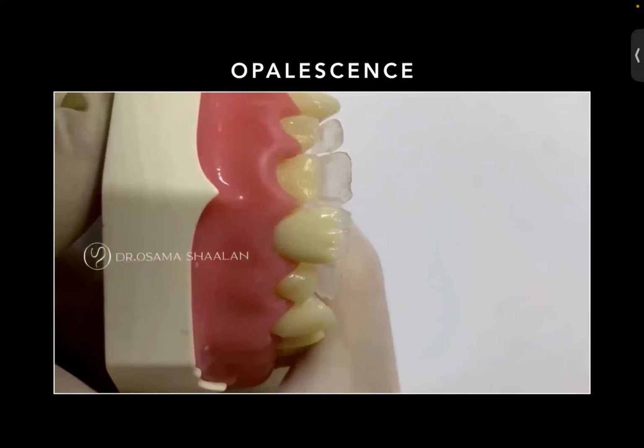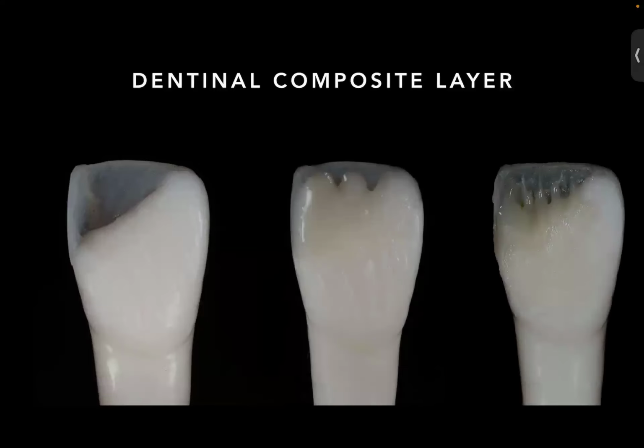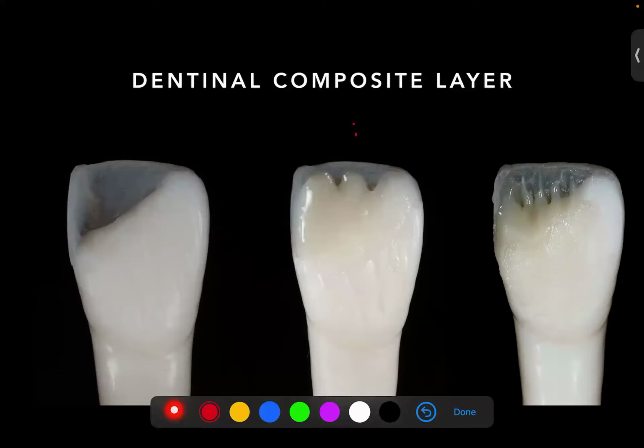And for this, you have to visualize what you want, and then you go ahead with that. So now let's add the dentinal composite layer. This is the type 1 opalescence with 3 distinct mamelons, and this is the type 3 with multiple mamelons.